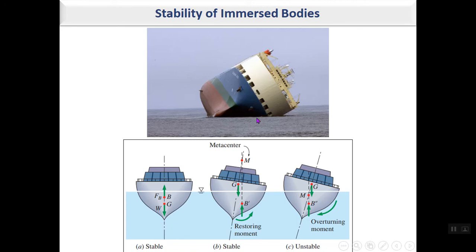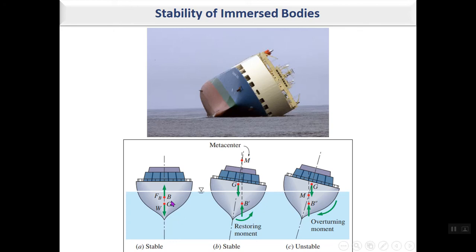So for the floating bodies, the situation is somewhat more complex actually. The case where center of gravity is below the center of buoyancy is stable, no doubt, like the previous one. But there is a special case also where the center of buoyancy is below the center of gravity and still the ship or any floating body is stable.